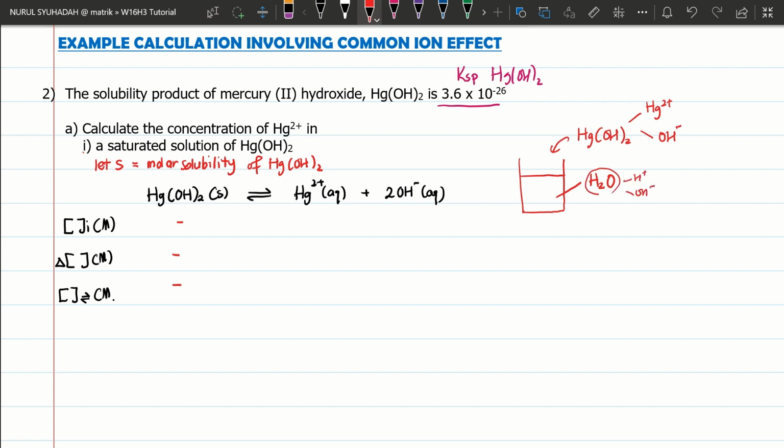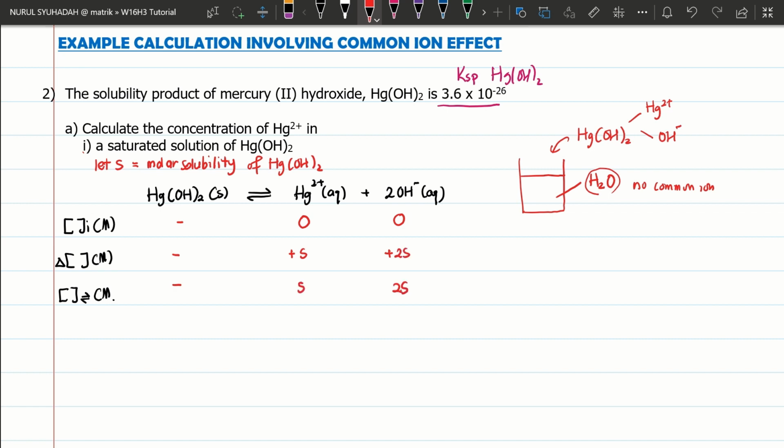Okay, but bear in mind, tolong ingat, concentration of water takkan terlibat dalam kita punya equation dekat sini. Sebab tu OH- dekat sini, even though we have OH- from H2O, very small amount, dia takkan ada initial concentration. So water ni just sebagai solvent saja. So maksudnya kat sini, there is no common ion. Okay, so bila no common ion, initial concentration Hg2+ 0, OH- also 0. Okay, so plus S, plus 2S, okay, S and 2S.